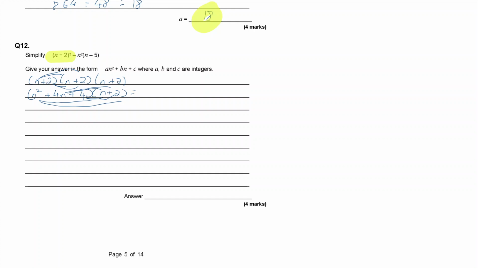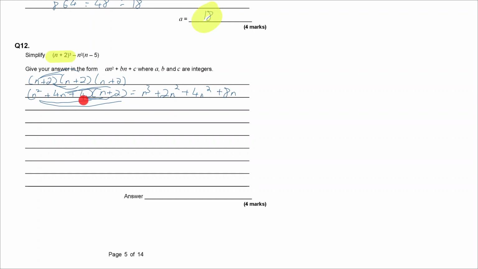So this is going to give me n³, n² times n is n³, and n² times 2 is 2n². I've then got 4n times n, which is plus 4n². Then 4n times 2, which is 8n.